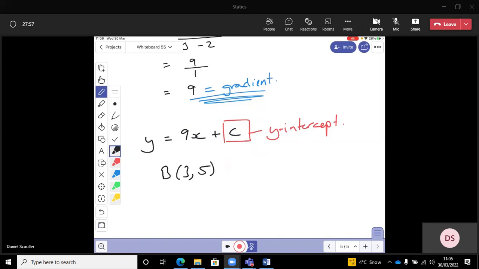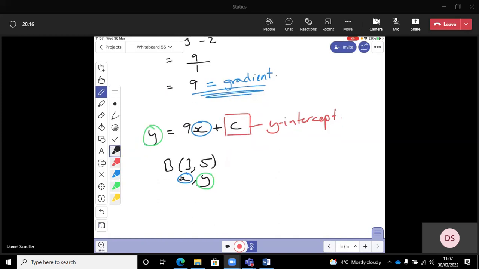That is your x coordinate, and that is your y coordinate. We're going to take the x coordinate and put it in x. We're going to take the y coordinate and we're going to put it in y. And then we're going to solve for c. It's as simple as that.